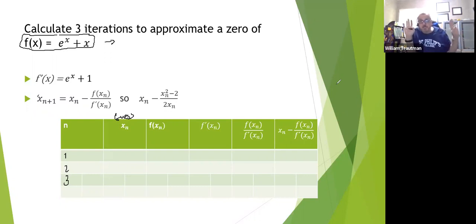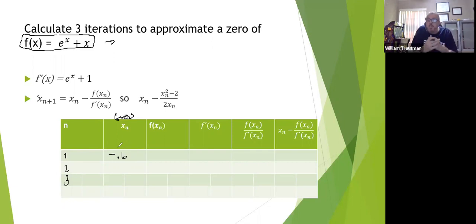Just to let you know, Paul, that's exactly what I would do. So my first guess is negative 0.6 because the book wants me to. I want to follow the book and just make sure I have the same answers as the book. But if I was doing this problem on a test, I would have put negative 0.5 down.